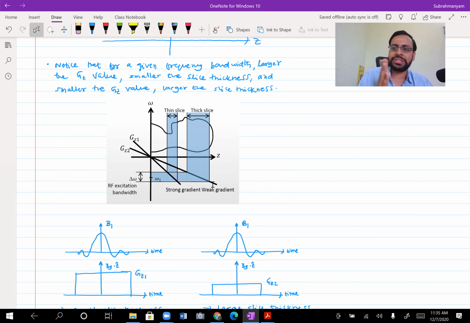Even without the graph, you could make an intuition, and from the graph you could right away see this result. Is this conclusion clear, that for a given frequency bandwidth, if the Gz value is high, the slice thickness would be small, and vice versa? Is everybody with me? Is this clear? Exactly, good.